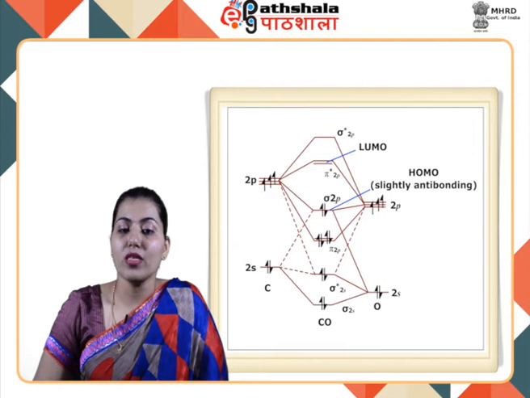The pi star orbital of the carbonyl has its largest amplitude on carbon and has appropriate symmetry and energy to overlap with the T2g orbitals on the metal.